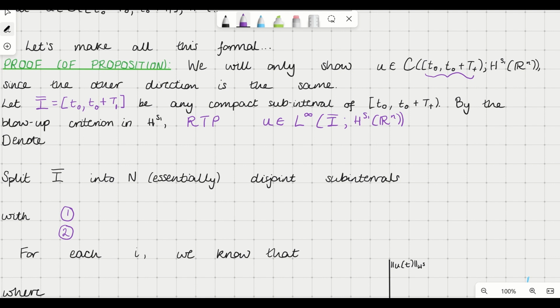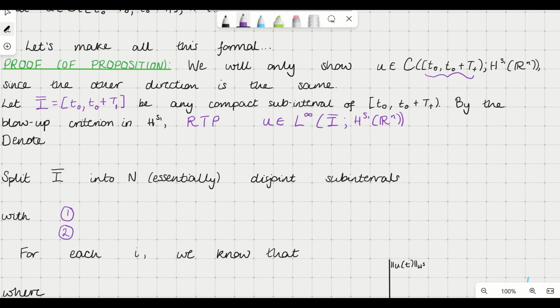Here I'm implicitly using that u is locally in HS1 on some interval of t0, just because our initial data u of t0 we're assuming to lie in HS1, so by local existence theory in HS1 there's a local solution around time t0.